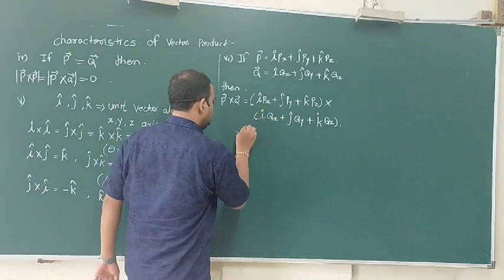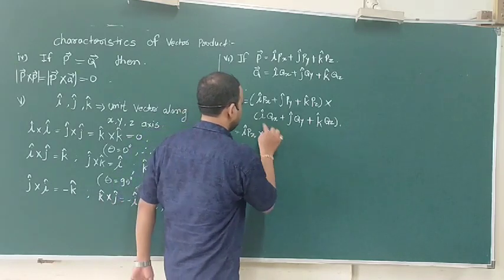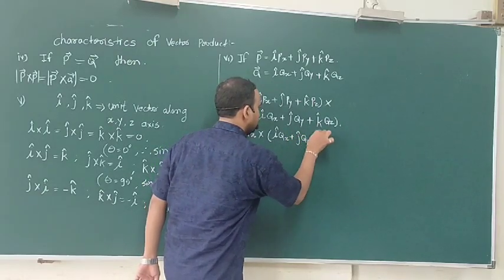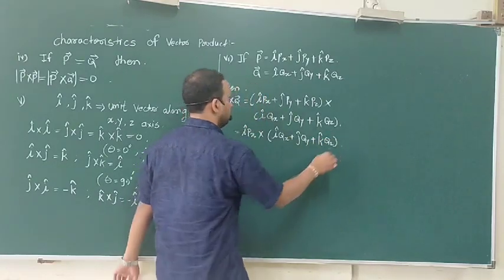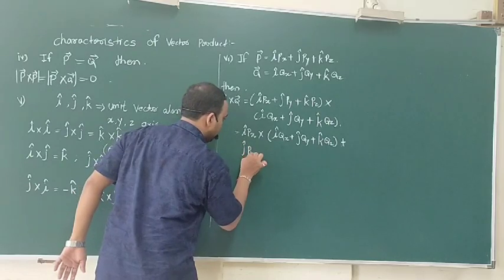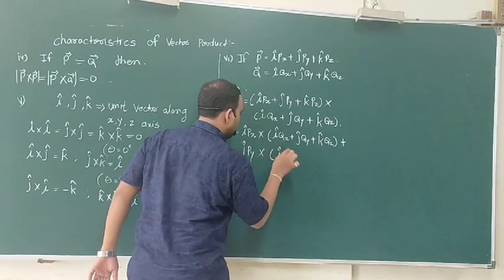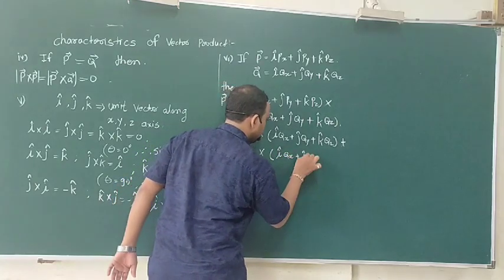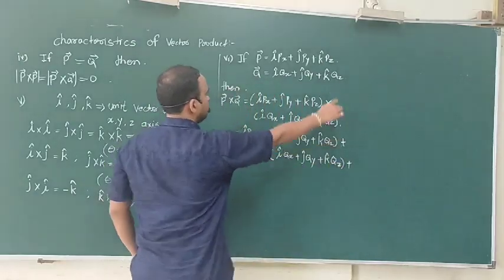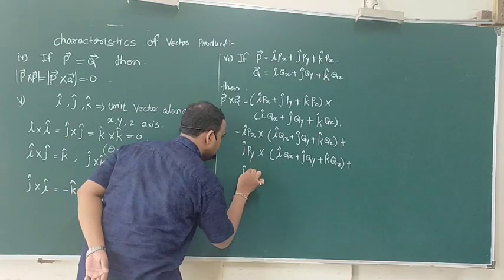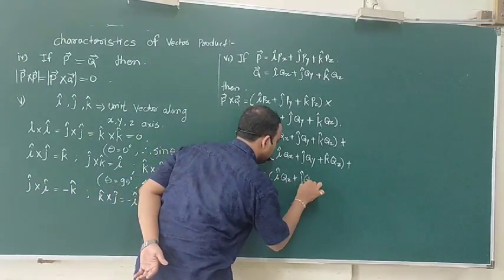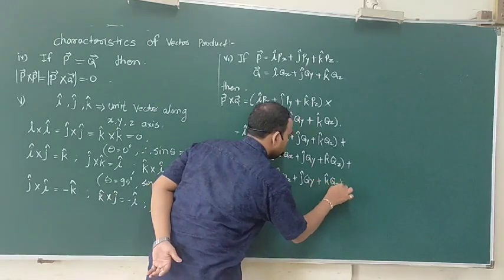See here, I cap px cross this whole bracket, that is I cap qx plus J cap qy plus K cap qz, plus, now the second term, J cap py cross I cap qx plus J cap qy plus K cap qz, plus, now the third one, K cap pz cross I cap qx plus J cap qy plus K cap qz.